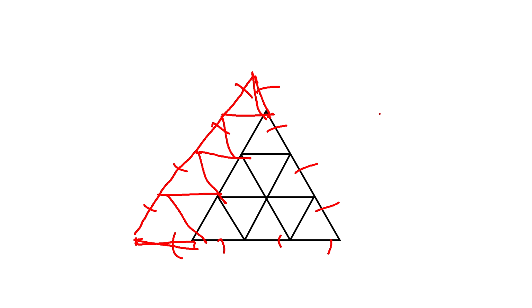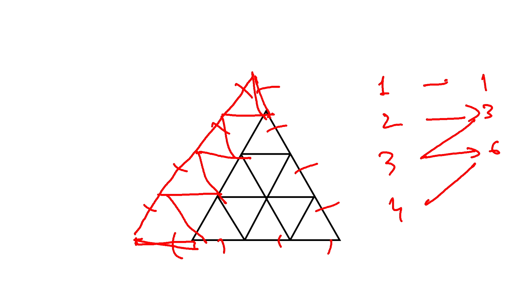Okay, so in this case what we will do, we will write 1, 2, 3, 4 and just copy 1. 1 plus 2 is 3. Okay, 3 plus 3 is 6. 6 plus 4 is 10. Now add all these. So 6 plus 3, 9, plus 1, 10. It becomes 20.